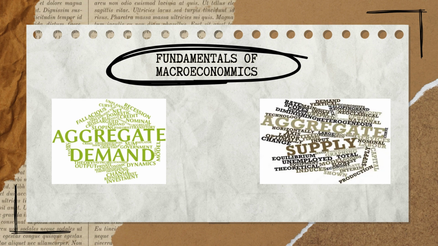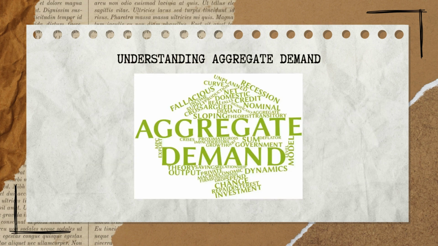So we are going to go through what that means. Specifically in this video, I will be concentrating on aggregate demand. In part 2 and part 3 of this video, I'll move on to aggregate supply, general price level, and real national income. So all those you should not need to worry about for now. For this video, just try to understand what aggregate demand is and make sense of it.